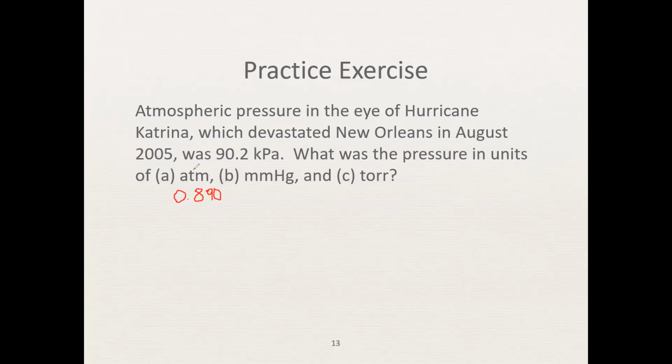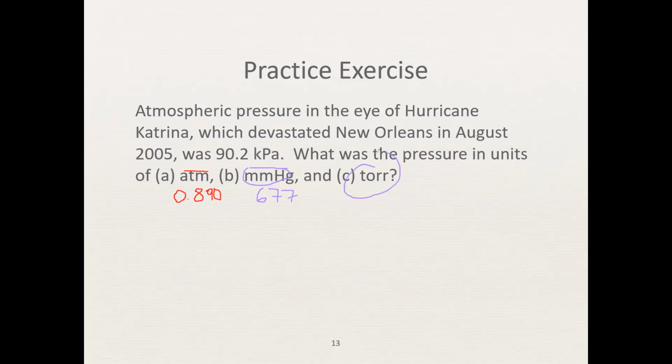I'll change the color so we can see what those units go with. For the second one, millimeters of mercury, 101.325 kilopascals is 760 millimeters of mercury. So we should have less than 760 because we've got less than 101.3 kilopascals. So what we're going to see is 677.